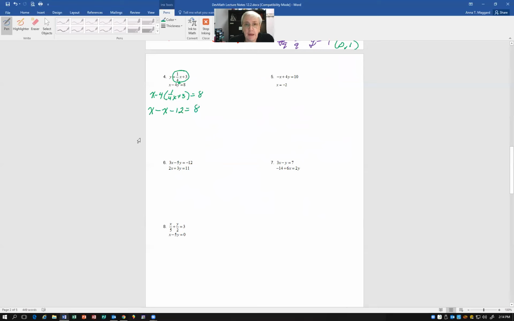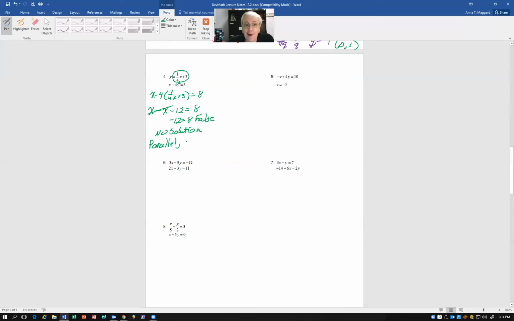What happens to my x's? X minus x cancels, don't they? And I'm left with this negative 12 equals 8. That is false. That is a contradiction. There is no solution. We could say the lines are parallel.